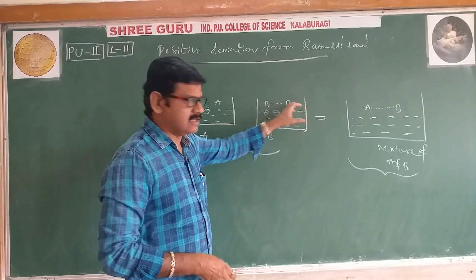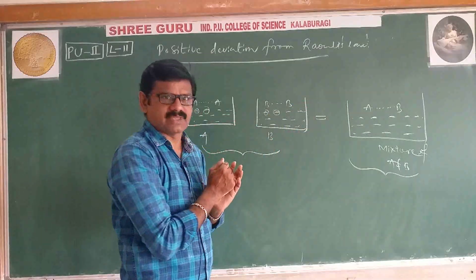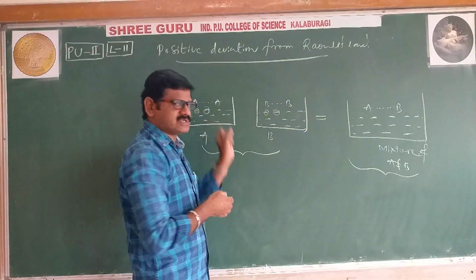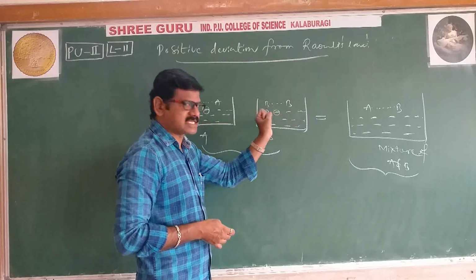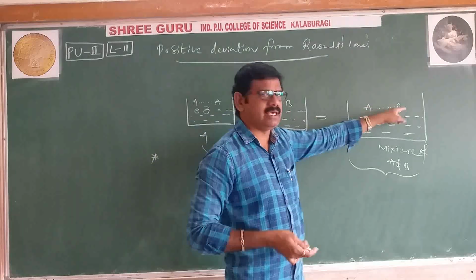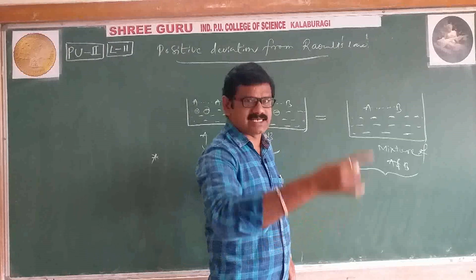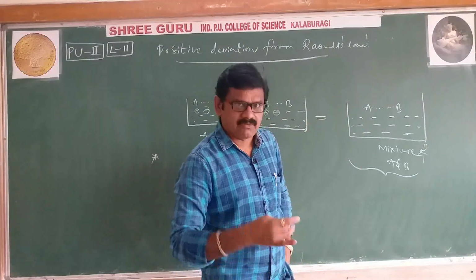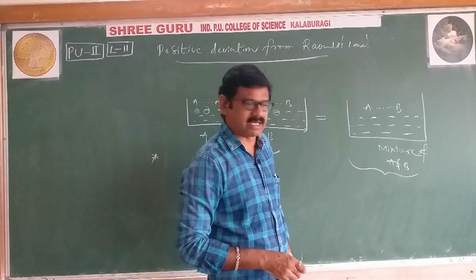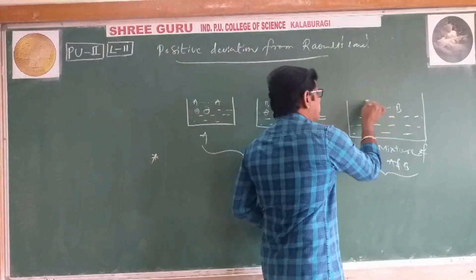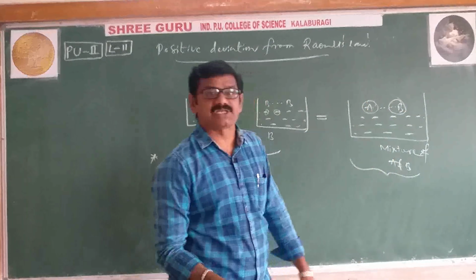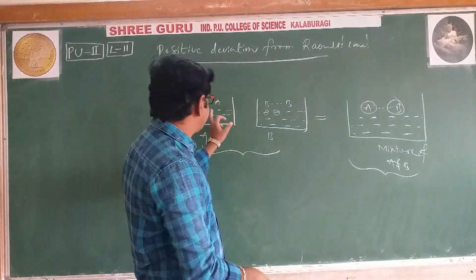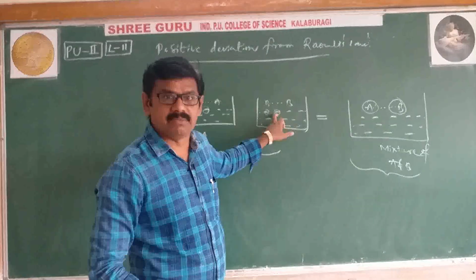Once again, we are comparing the attraction forces. Between AA, attraction forces are there. Between BB, attraction forces are there. Between AB, attraction forces are there. When comparing, in the mixture between A and B, attraction forces are less compared with AA and BB.